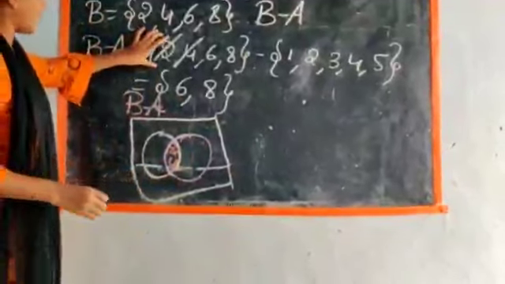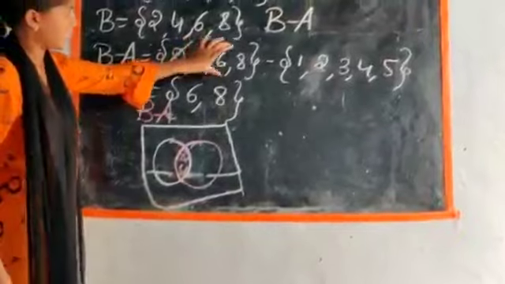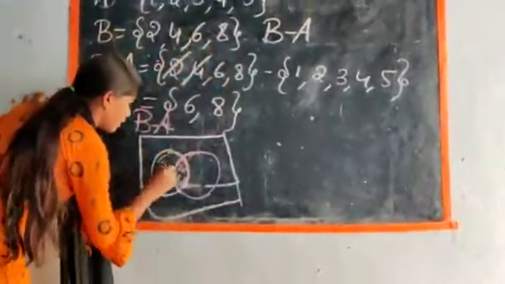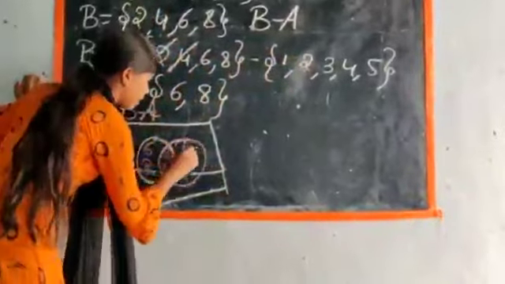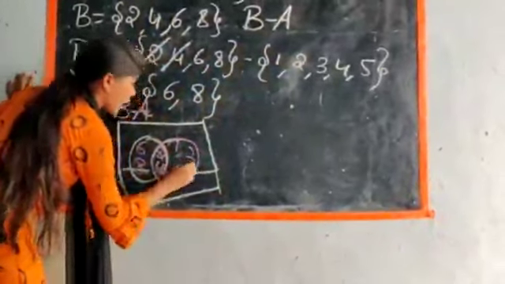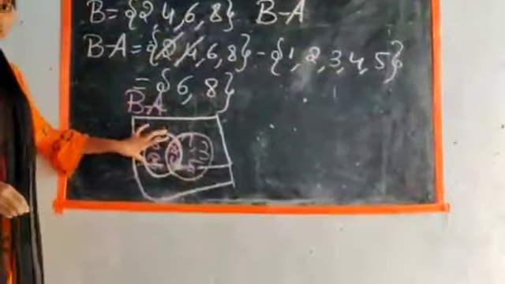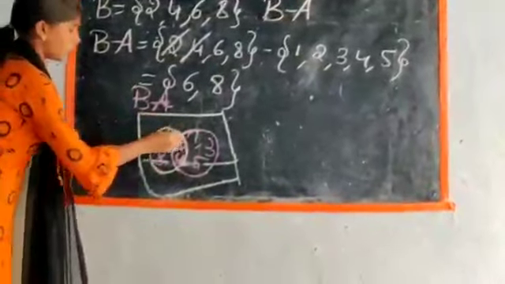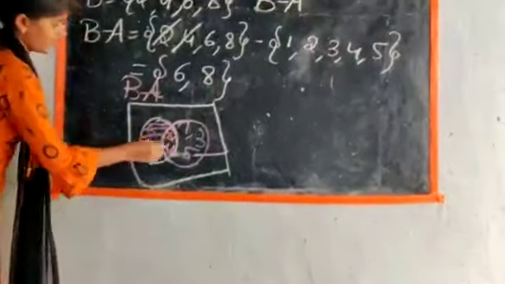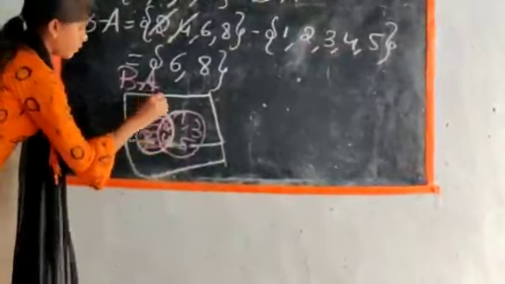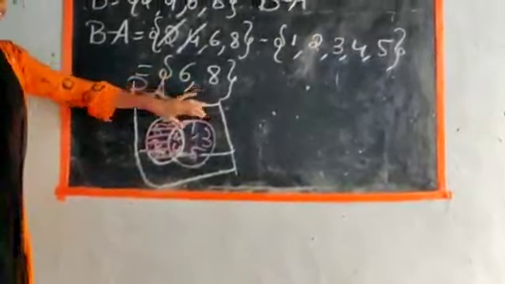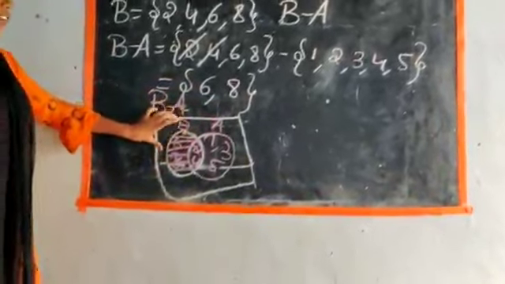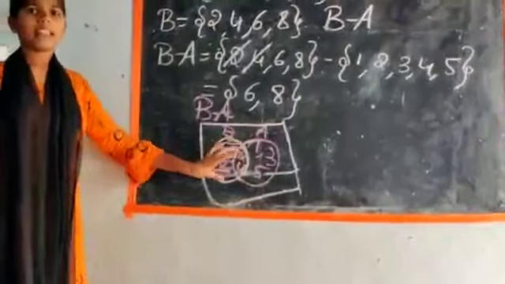After writing the common elements, in the first set the remaining elements are 1, 3, 5 and in the second set 6 and 8. We have to shade only B, only this part. We have to mention B and A. So after shading, this is our required Venn diagram. Thank you for watching.